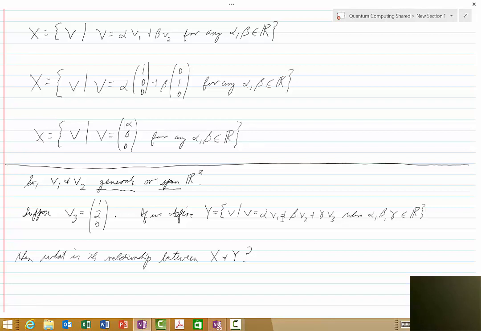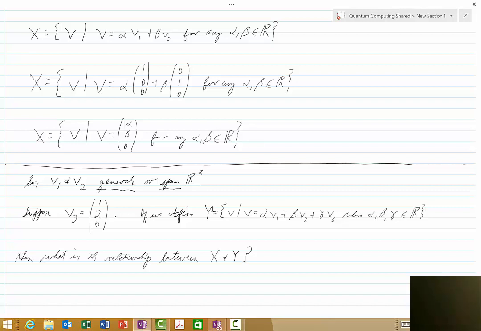Let's just pick a vector in x. Since x is the set of all linear combinations of v1 and v2, maybe we'll have 5v1 plus 3v2. Clearly 5v1 plus 3v2 is also in y, because we could pick alpha equal to 5, beta equal to 3, and gamma equal to 0. So any vector in x will be in y, which makes you think that possibly y is bigger than x.